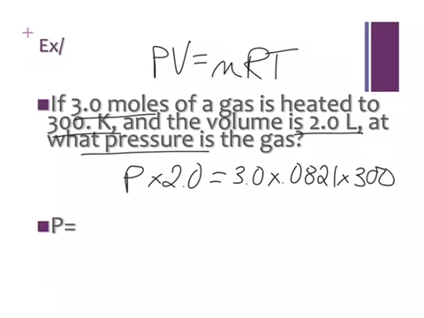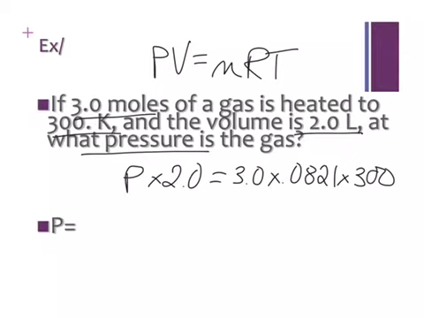So we're going to go ahead and plug this in. You want to multiply out the side that you already know everything on, which this time is the right side. If you want to write out the sides and say 2 times P is equal to what the other side is, which would be 3 times 0.0821 times 300, you could do that. I would just write out the side all the way multiplied first and then divide it.